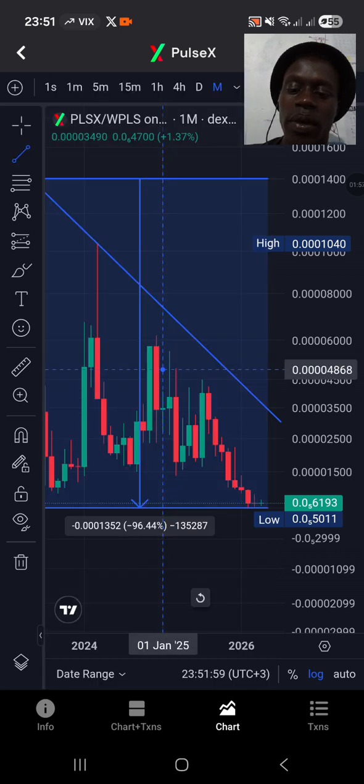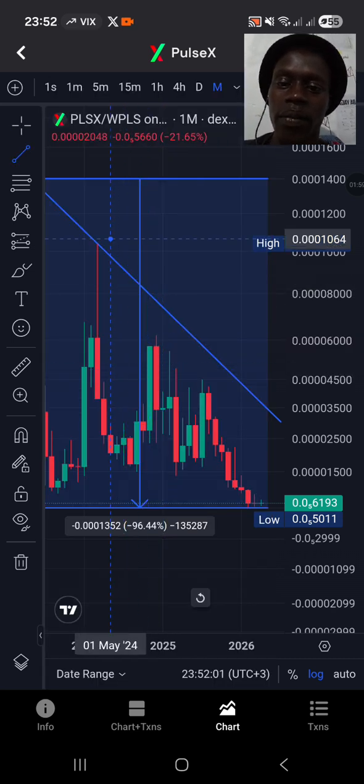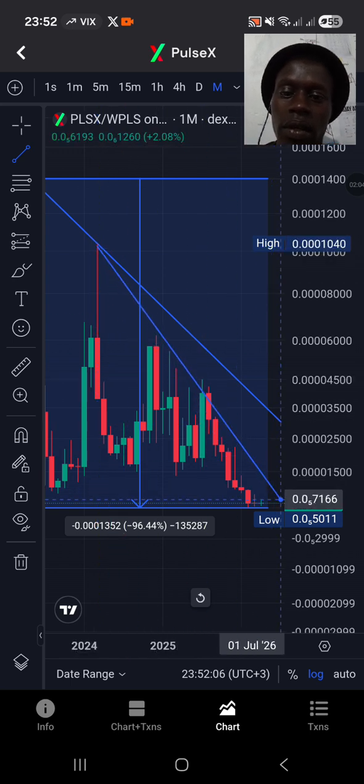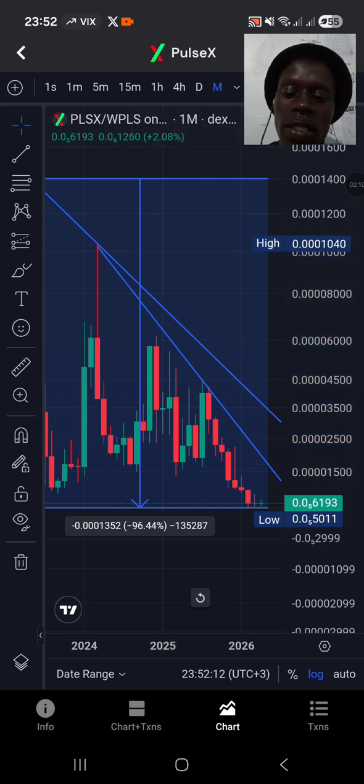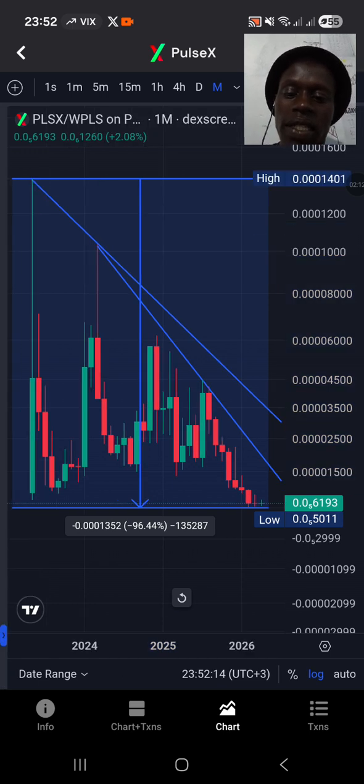Maybe we could add another one from this high going down that way. These are two significant resistance zones that price will be looking to break out of.